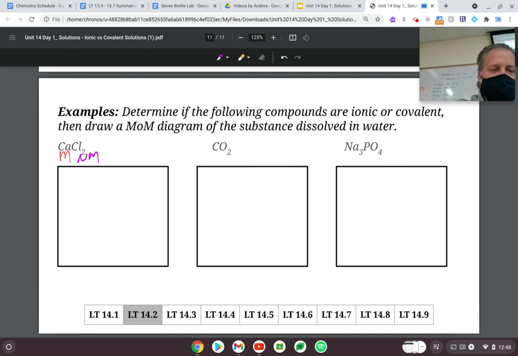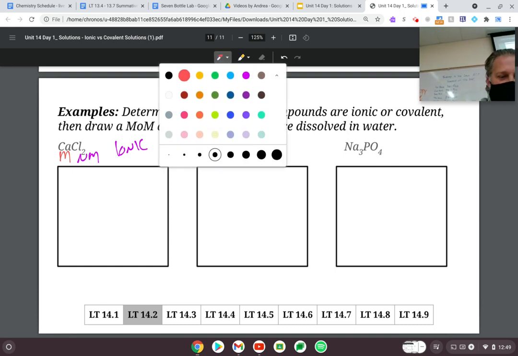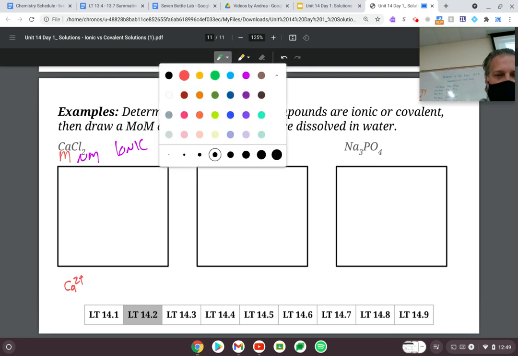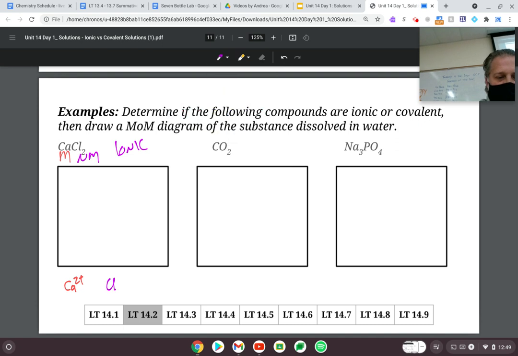So that means that this is ionic, so it's going to separate into its parts. So I see that calcium will be a +2 because I'm crisscrossing, and chlorine will be a -1. Okay.